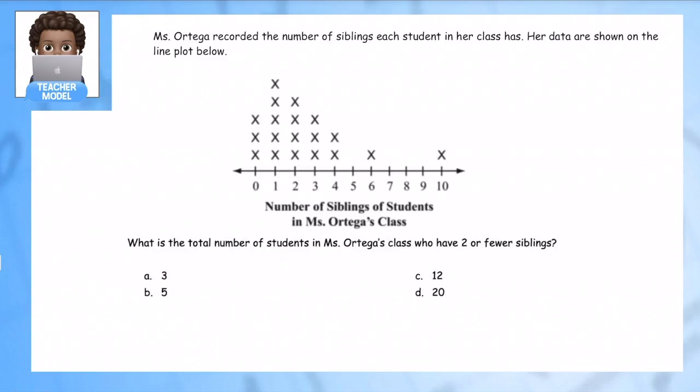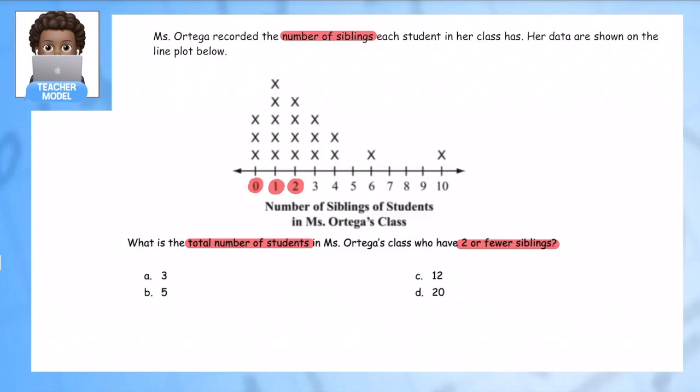Miss Ortega recorded the number of siblings each student in her class has. Her data are shown on the line plot below. You can see X's the same way as little dots. What is the total number of students in Miss Ortega's class that have 2 or fewer? So I'm looking on my number line for anything that is 2 or less.